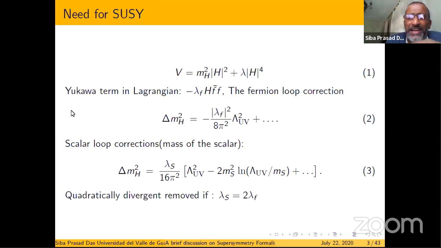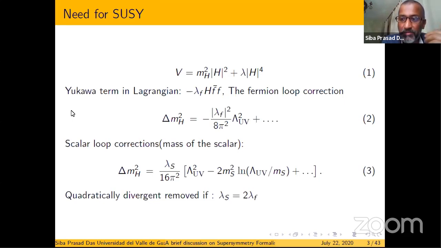I didn't put the diagram here because it is very clear. In the last seminar, we discussed that the Higgs has a fermion Yukawa coupling, lambda_f h f-bar f, because this is the term through which the Higgs gives mass to the fermion.